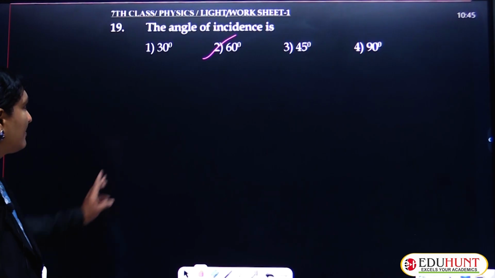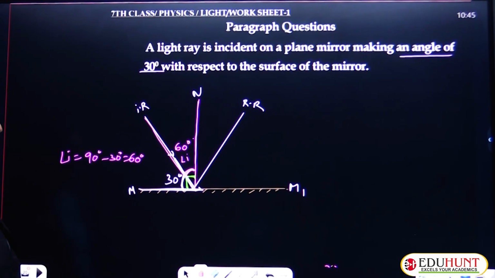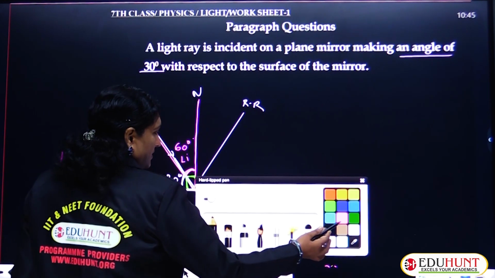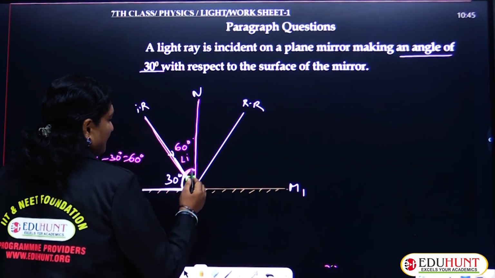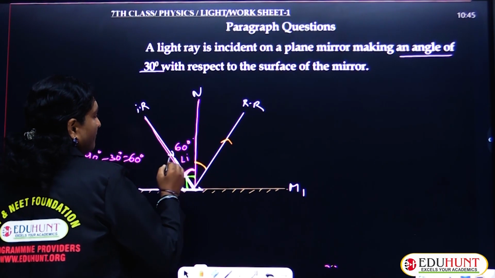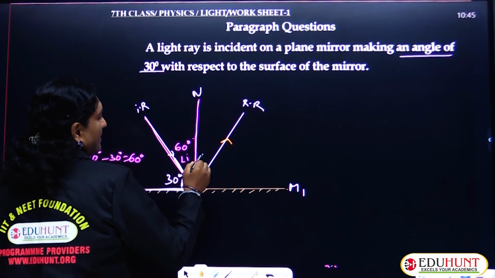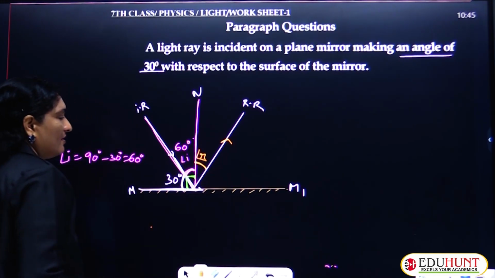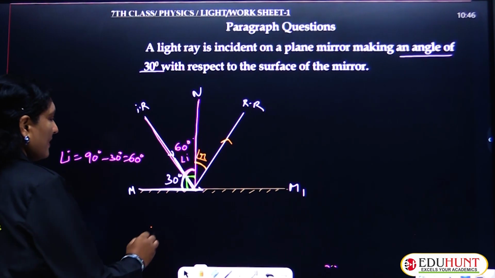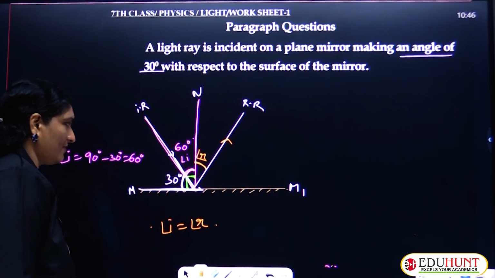Just now we have calculated the angle of incidence. So the other portion of this must be the angle of reflection. The angle made by the reflected ray with the normal drawn to the surface is called the angle of reflection. But we know that the angle of incidence must be equal to the angle of reflection.